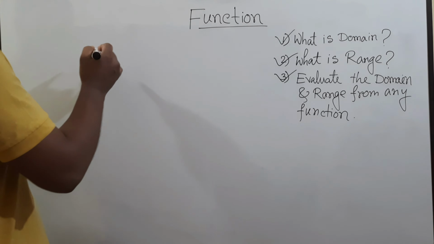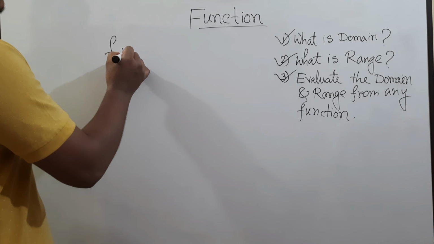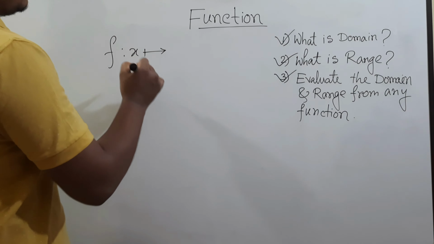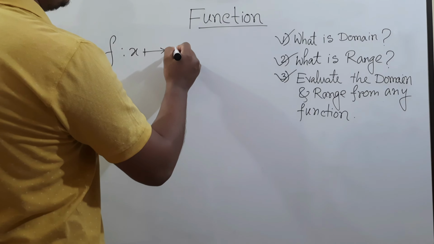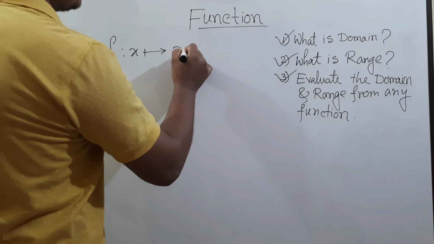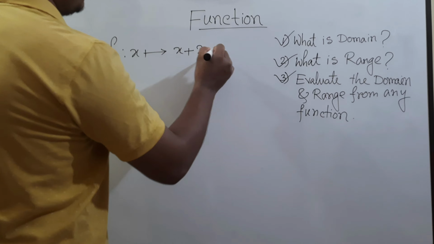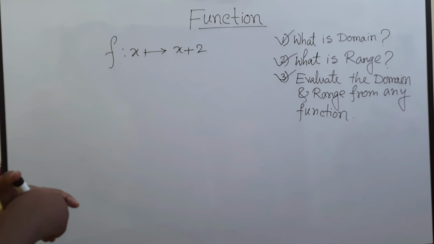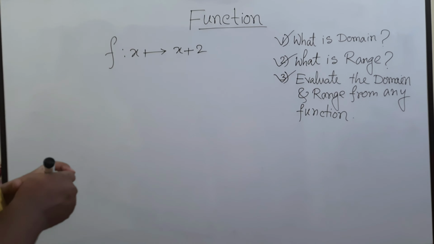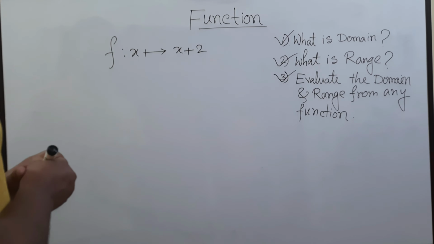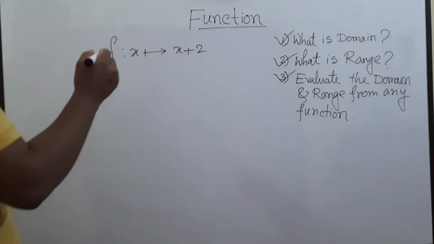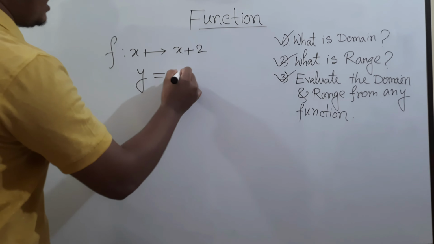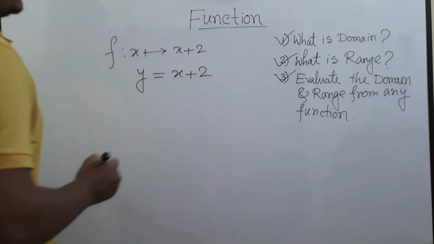So let's say a function f is such that x maps to x plus 2. This is a function. Now what will be the domain and what will be the range of this function? First look at it, we can write this function like that, y equals x plus 2.